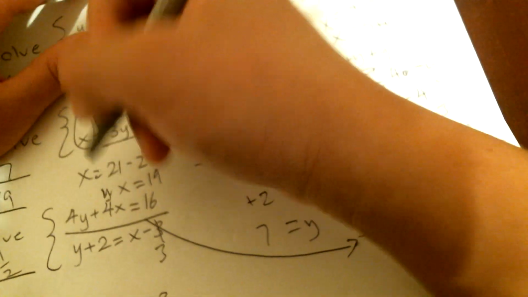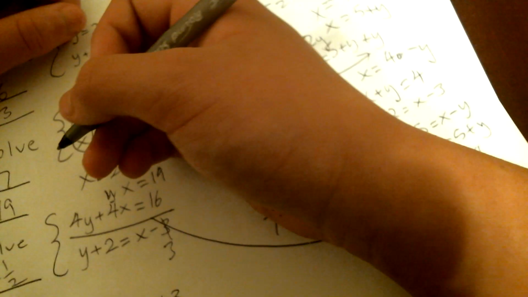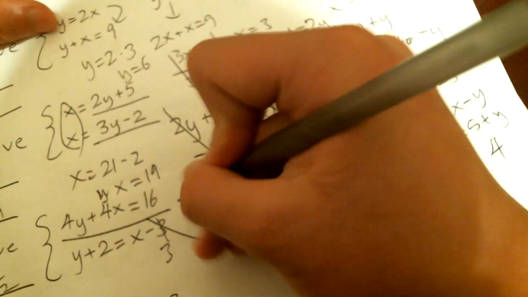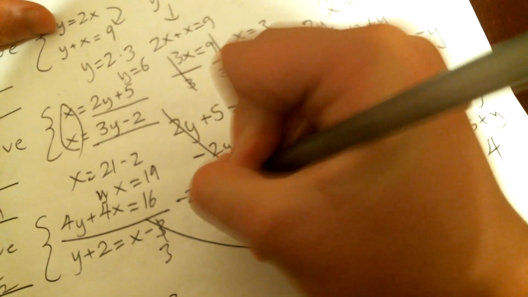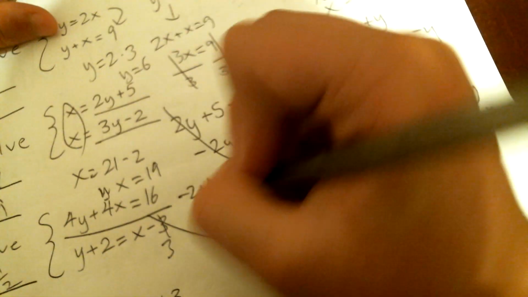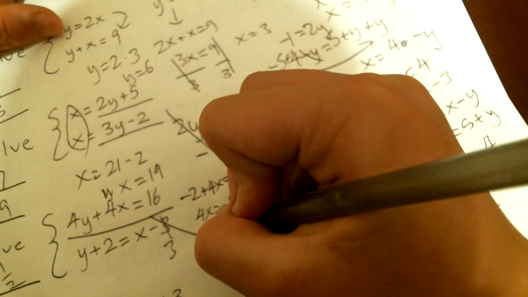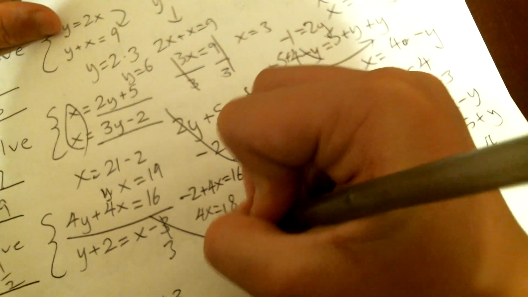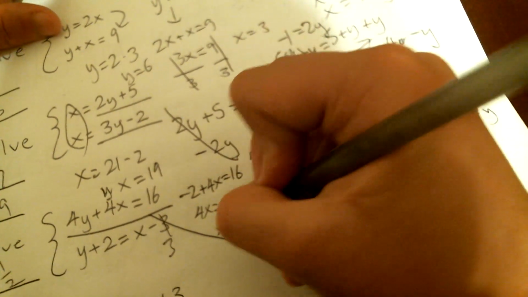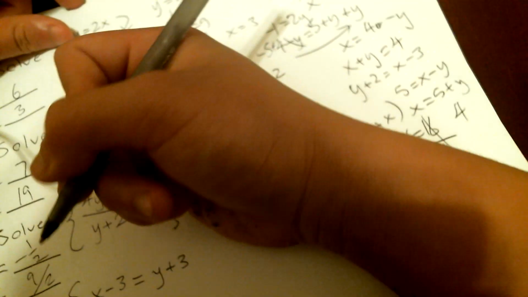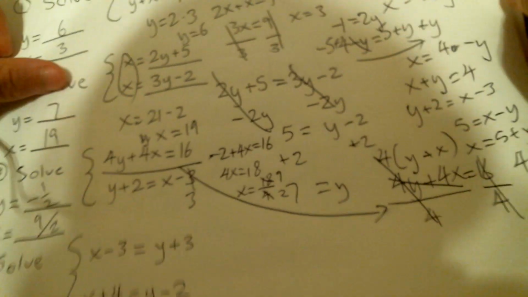And then we plug it into the first equation. So this first equation, we can do negative 2 plus 4x equals 16. Add 2 to both sides, making it 4x equals 18. Then x equals 18 over 4 when we divide both sides by 4. So this will be 9 over 2 when we simplify it. So that would be the answer for that third question.